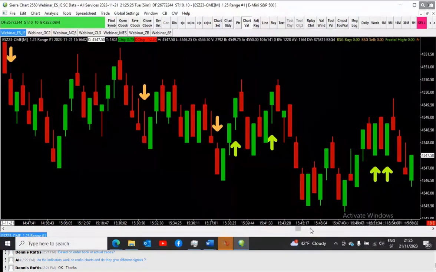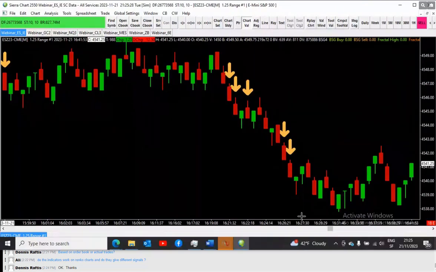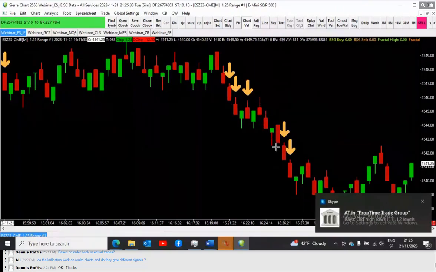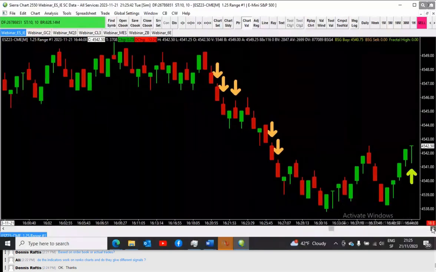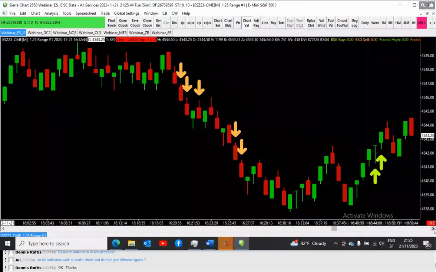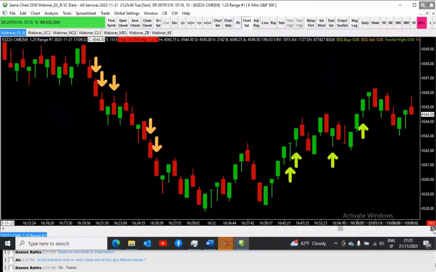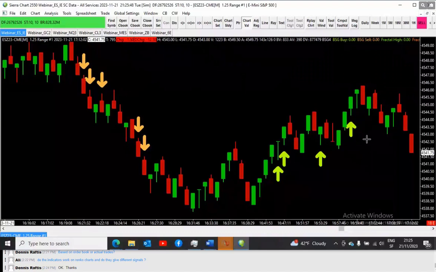So obviously the down arrow means it's going to break to the downside, and the up arrow means that it's going to break to the upside. So it's a fairly simple indicator to follow. Again, it's not an entry signal. This is just something you would use with the other indicators that I've mentioned so far.